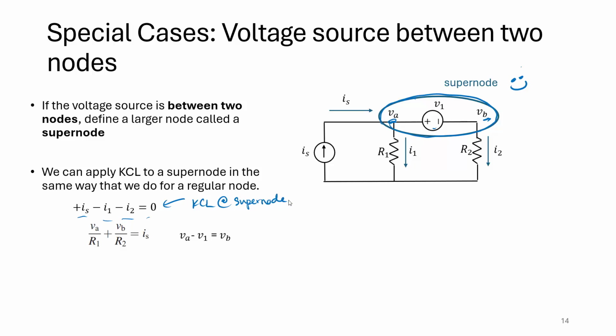And then similarly, the supernode gives us a second equation. Notice how the supernode also gives us a free equation relating our two node voltages.